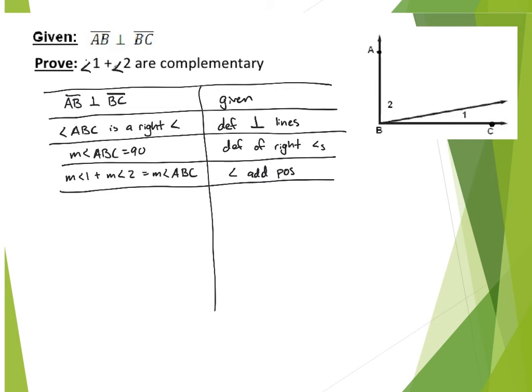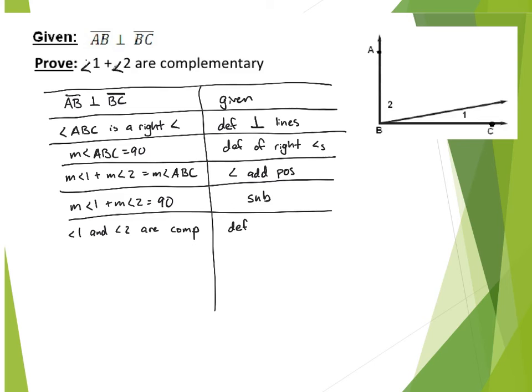I can substitute that in for 90 degrees. I have the measure of angle 1 plus the measure of angle 2 is equal to 90. I did that by substituting. And now I can say that angle 1 and angle 2 are complementary because of the definition of complementary angles.